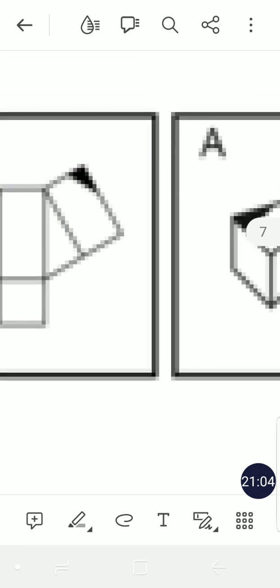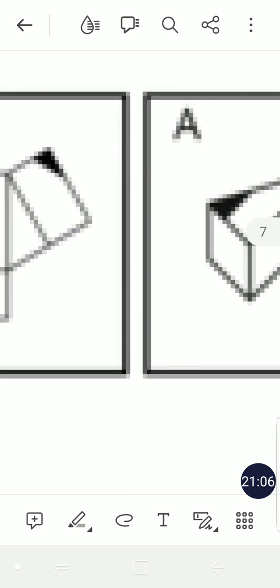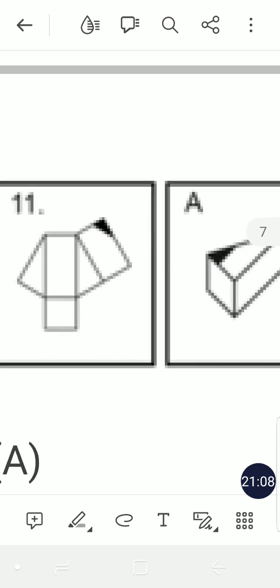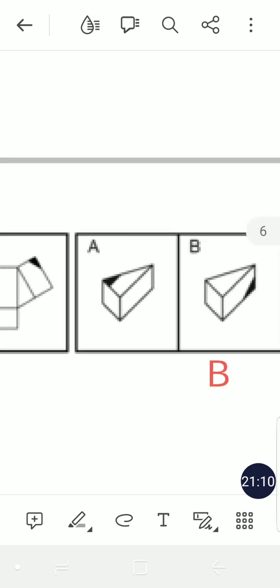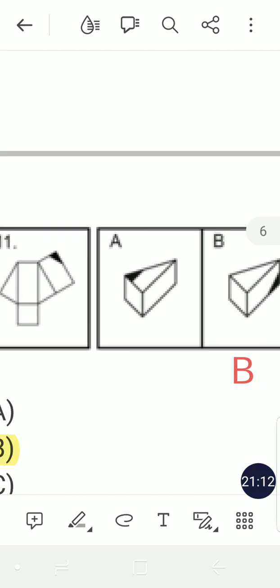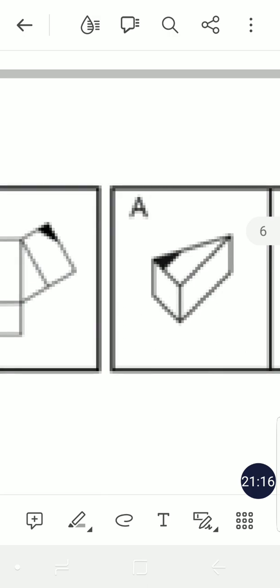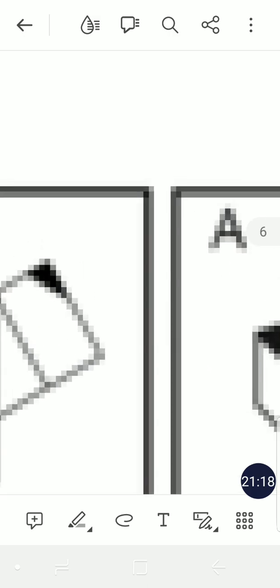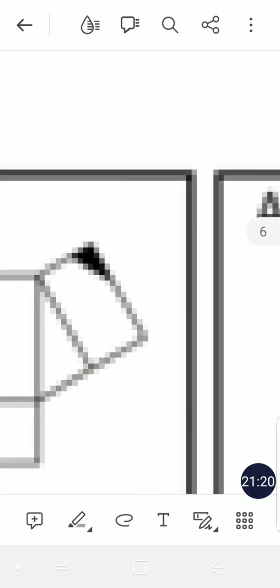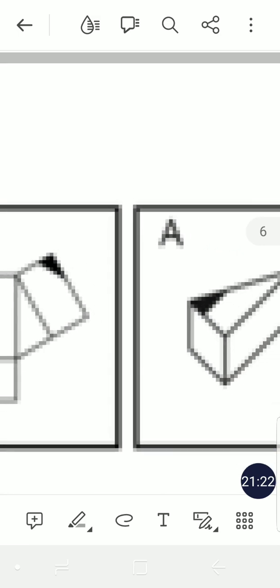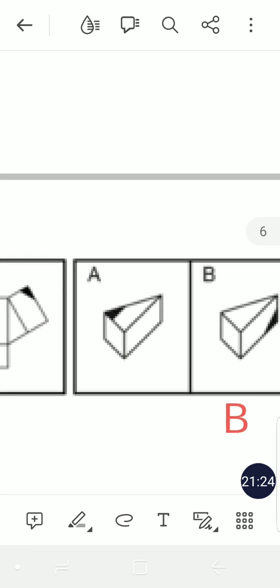I focus on that for a reason, because if you look at A, it's eliminated right away, because the location of the shaded triangle is wrong for choice A.